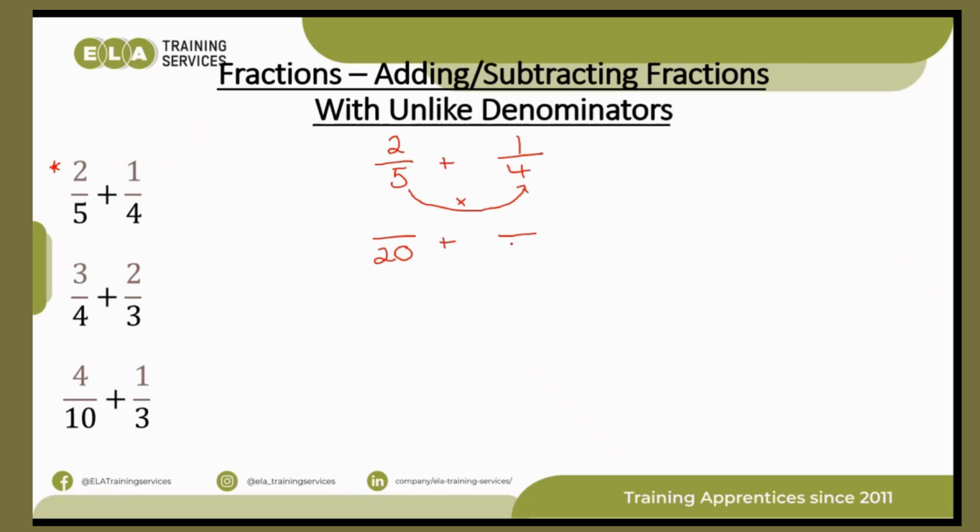Fantastic. Then we say, how do we get from our old bottom to our new? So how do you get from 5 to 20? It helps when you're repeating the sentence over and over. You times by 4, and then you do the same to 2. So 2 times 4 leaves you with 8. Then you move to the second fraction. How do we get from 4 to 20?